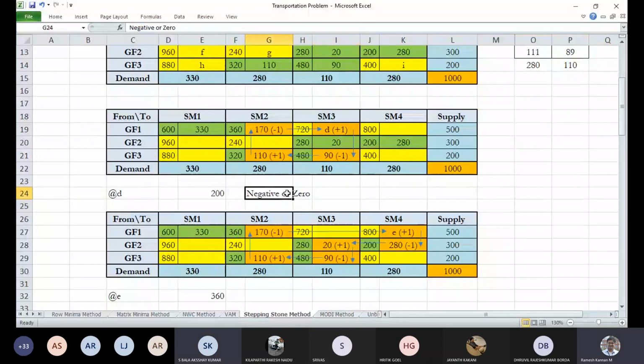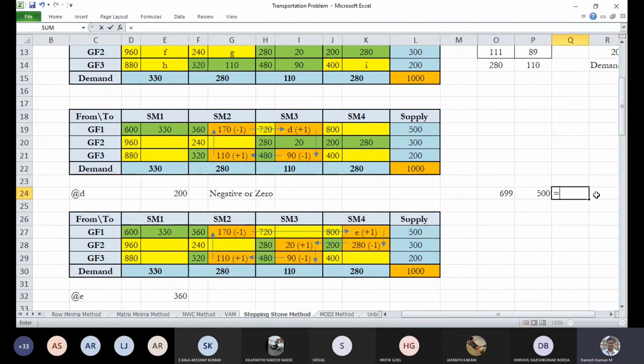Okay, sir. For example, if you add 200 here, this will be an allocation here, right? So this will become 330 here, plus 169, plus 200. It will be 699. So the supply itself is only 500. So that will yield a deficit, like 199 units cannot be supplied here, right?